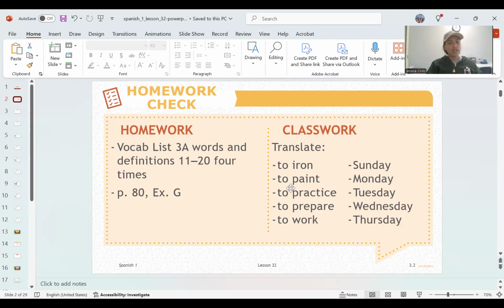And for classwork, open your notebooks and translate the following words on the screen. Okay, these are part of your vocabulary words: to iron, to paint, to practice, to prepare, to work, Sunday, Monday, Tuesday, Wednesday, and Thursday. Pause the video here, translate those words, write this in your notebook, write the heading, classwork for lesson 32, and do that, okay?